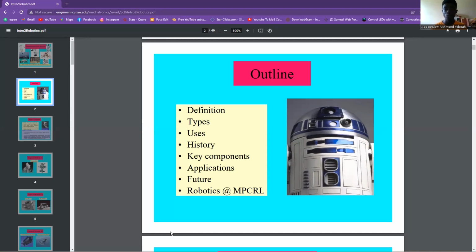Today we'll be talking about the introduction to robotics, and this is the outline I have for this session. Due to our time, we'll be talking about some of the things in the outline, not everything. We'll cover the definition, types, uses, history, and key components for today.